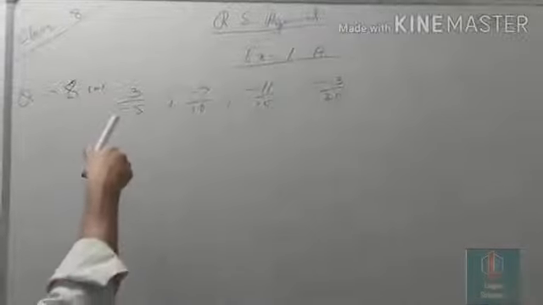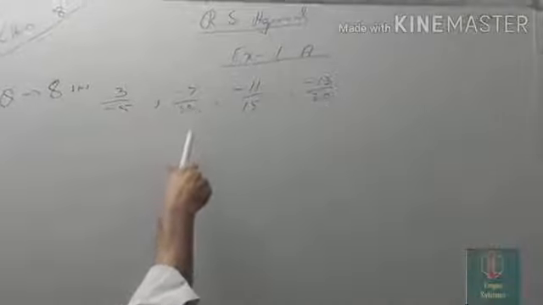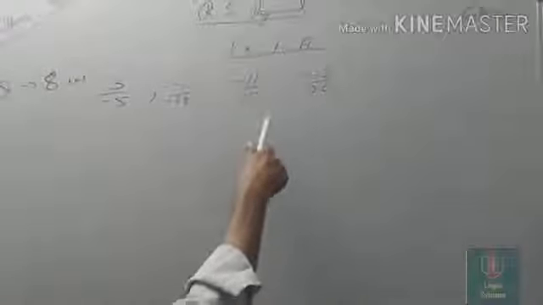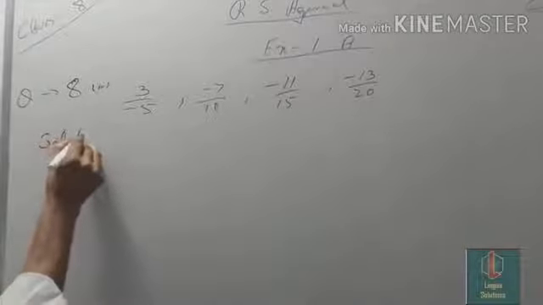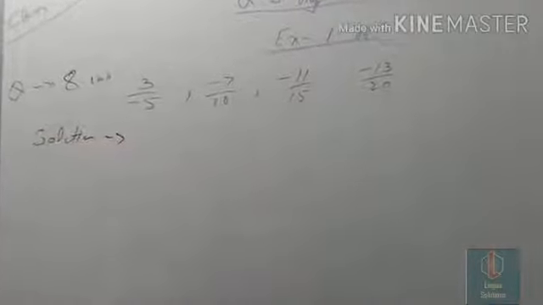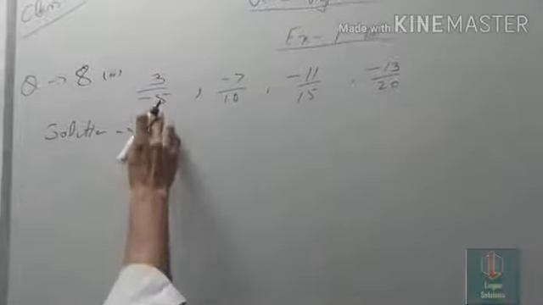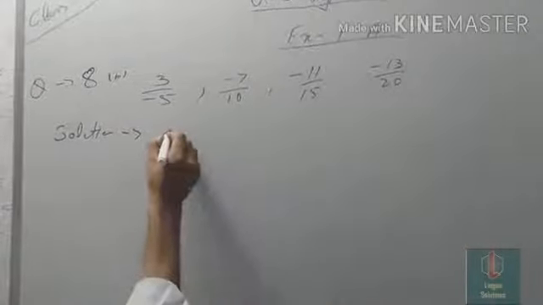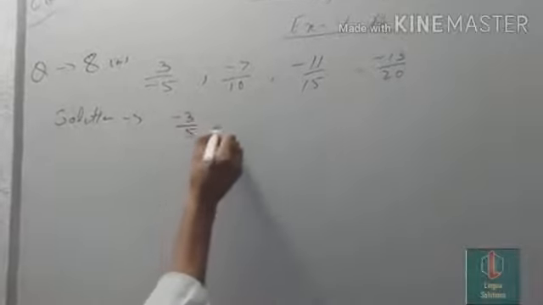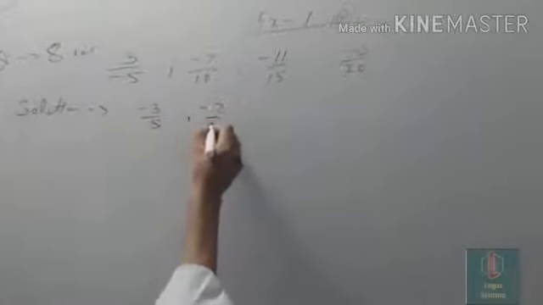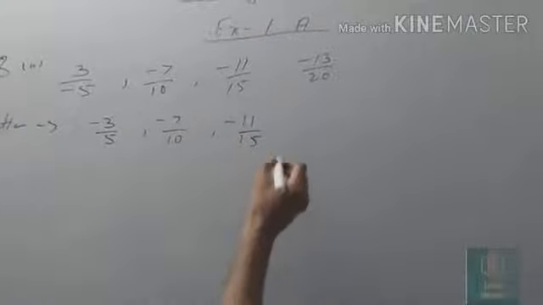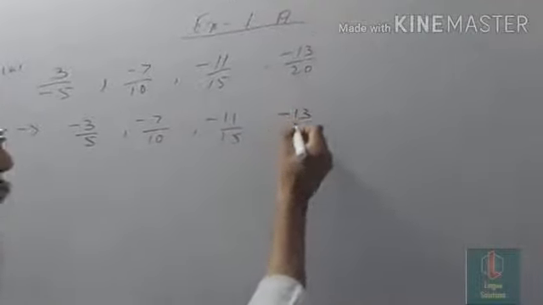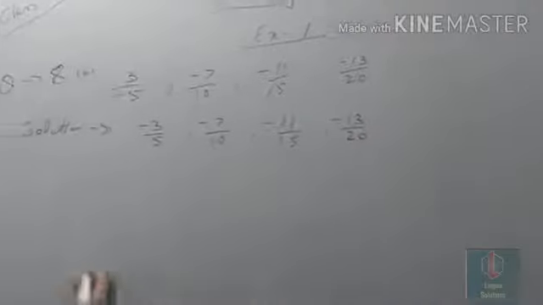Our third set is 3 by minus 5, minus 7 by 10, minus 11 by 15, minus 13 by 20. Now come to the solution. Here it is minus 5, so we can write it as minus 3 by 5, minus 7 by 10, minus 11 by 15, and minus 13 by 20.